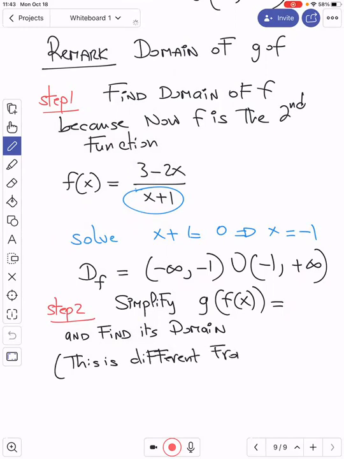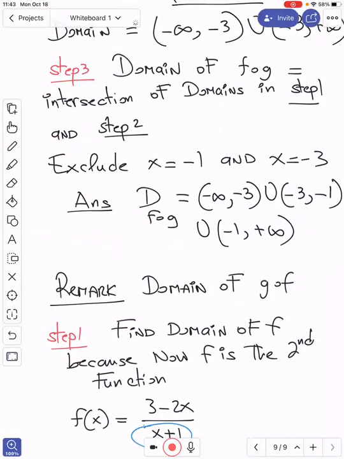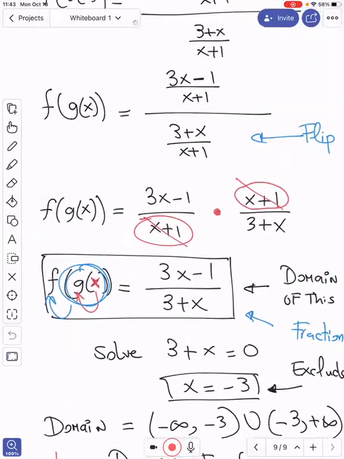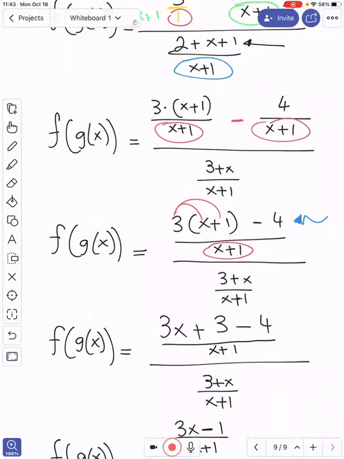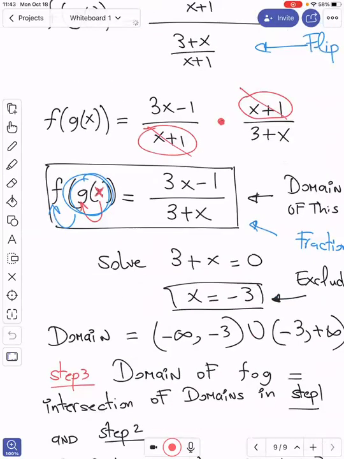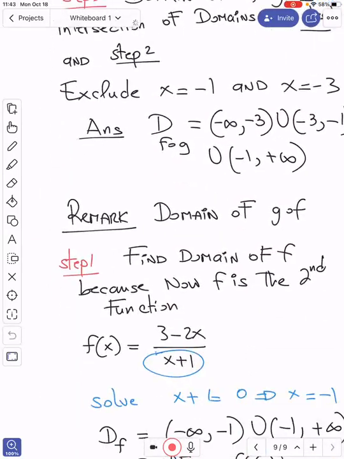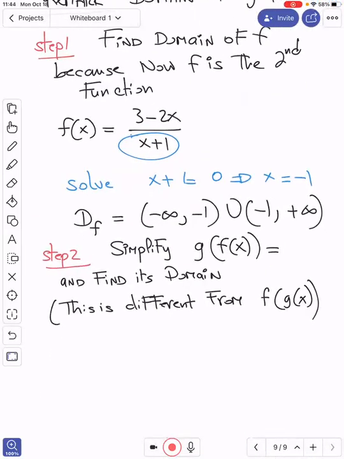For f of g, we simplified f of g of x. Here, we need to simplify g of f of x. So you're going to end up with a different function for sure, which means we're going to end up with a different domain, right?